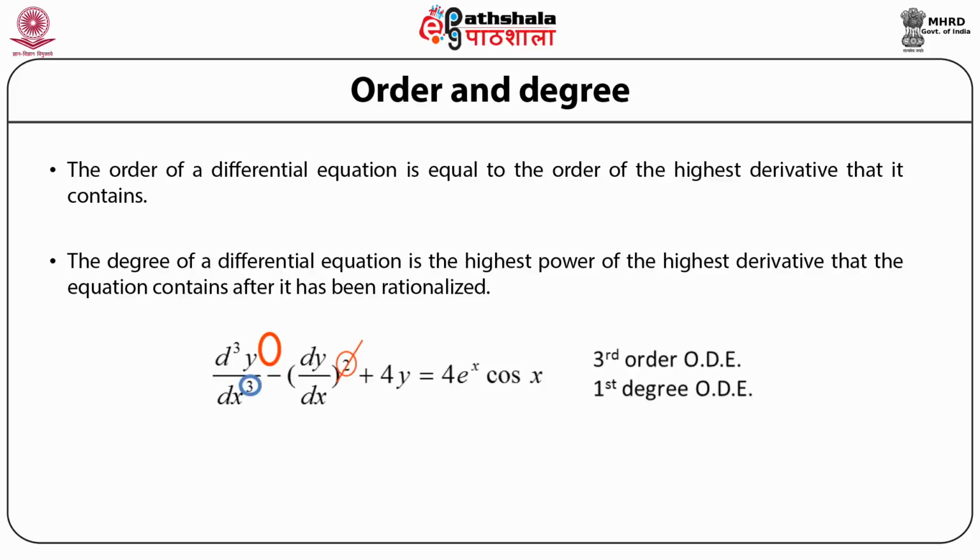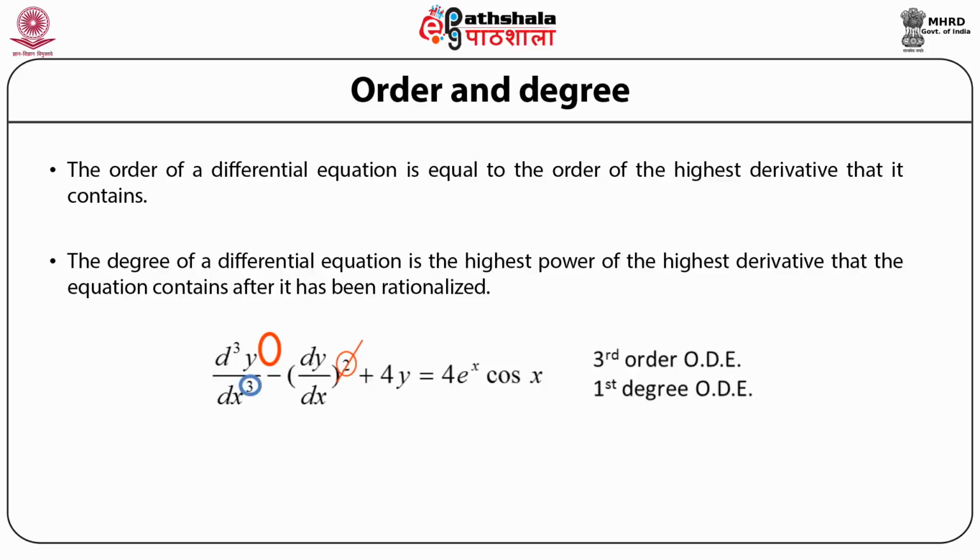Now degree. Once you fix the order, then the degree is the degree of that particular term. Let us see the proper definition. The degree of a differential equation is the highest power of the highest derivative that the equation contains after it has been rationalized. We have located the highest derivative in the first equation, dx cube.